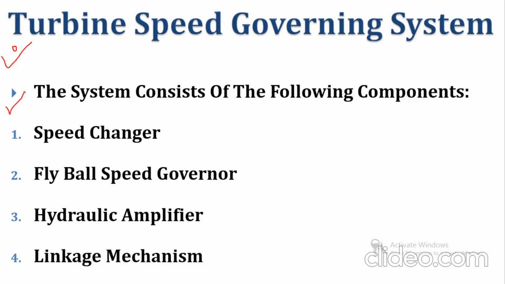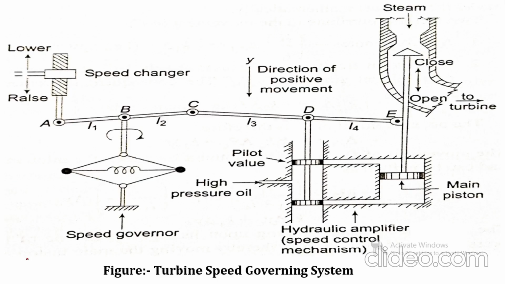This system consists of mainly four important components. First one is the speed changer, second is the fly ball speed governor, third is the hydraulic amplifier, and fourth is the linkage mechanism. This is the schematic diagram for the turbine speed governing system.